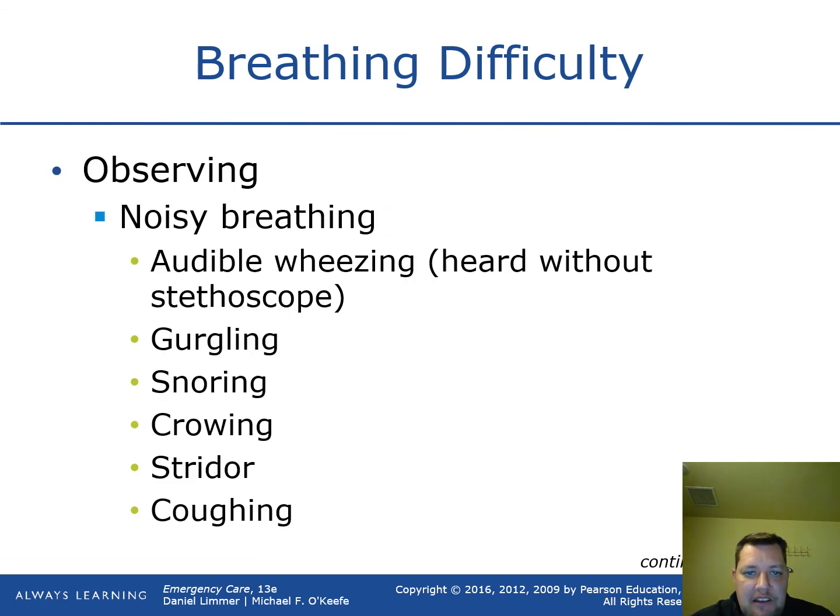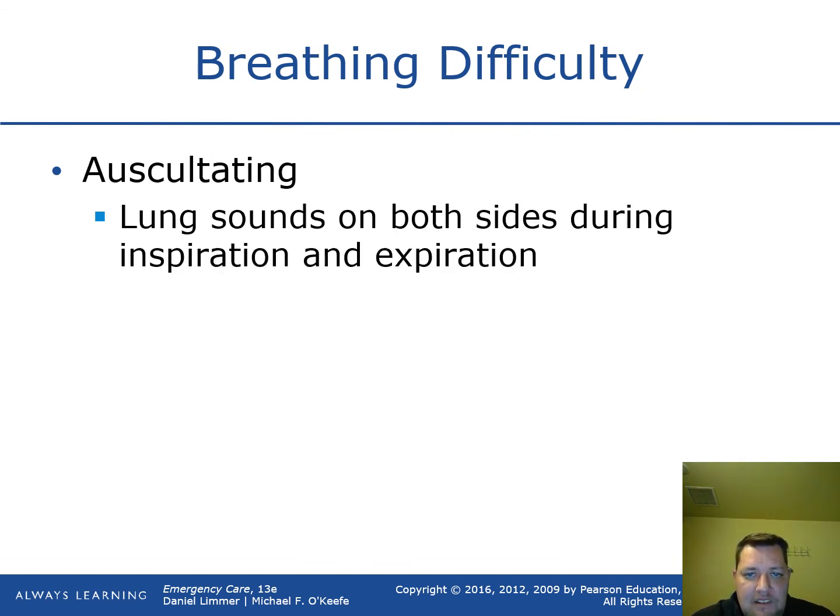So noisy breathing: audible wheezing heard without a stethoscope, gurgling, snoring, crowing, stridor, or coughing. Those are all noisy breath sounds. Auscultating the lungs on both sides during inspiration and expiration, we want to make sure that we listen to lung sounds on both sides. Okay.